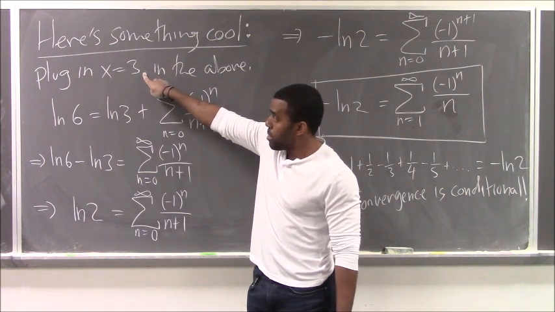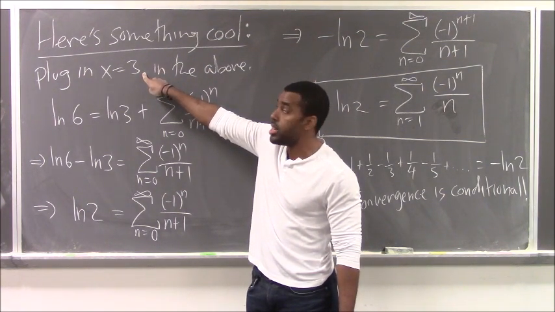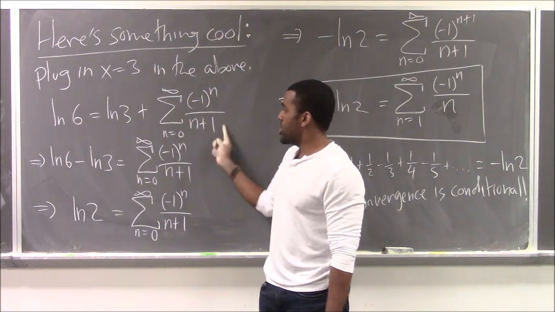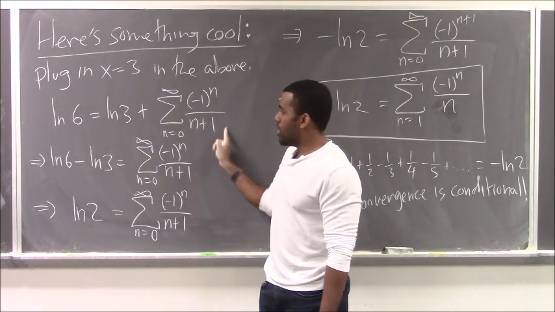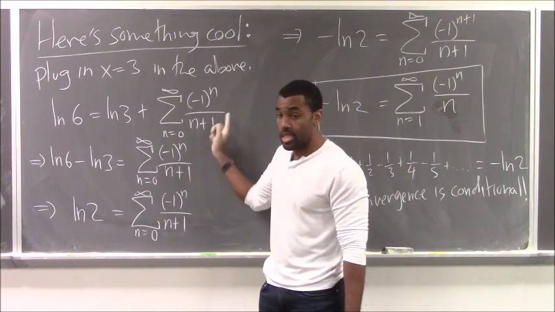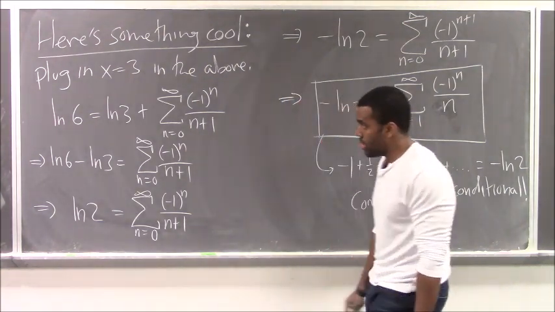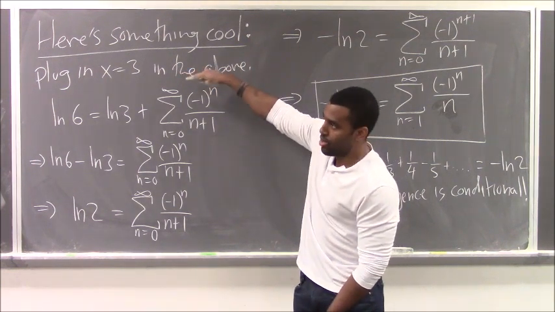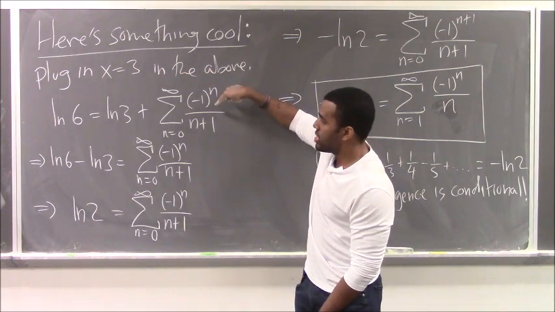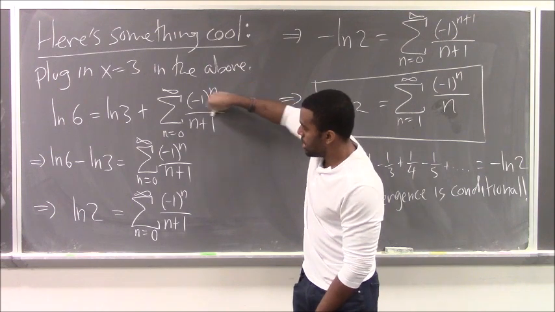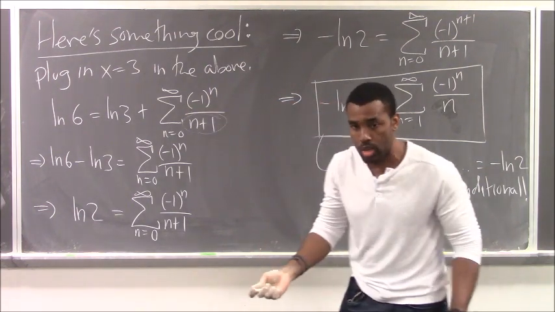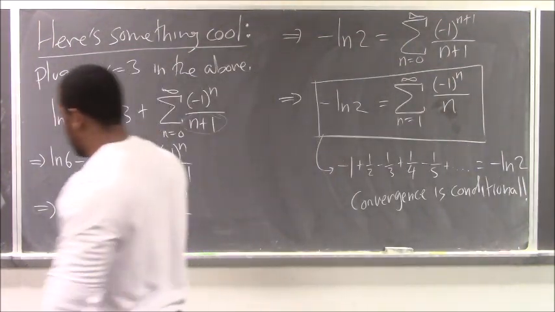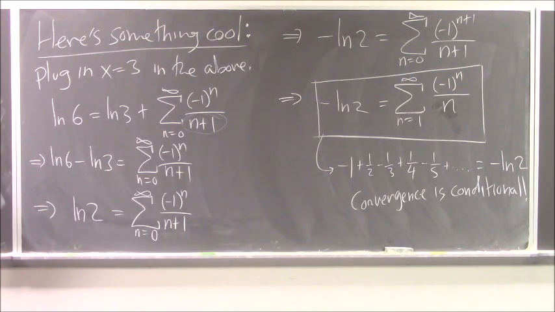However, the only reason I was allowed to plug in x equals 3 here is because by doing the integration, my denominator changed, which allowed me to use the alternating series test to show convergence, where it wouldn't have worked before. But yeah, so we have conditional convergence here.